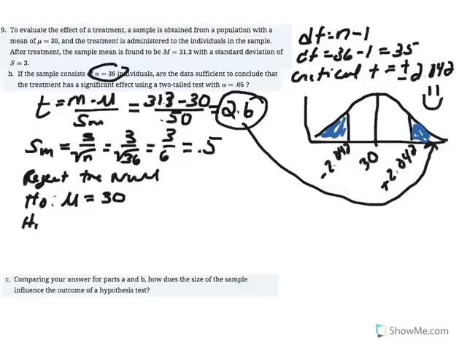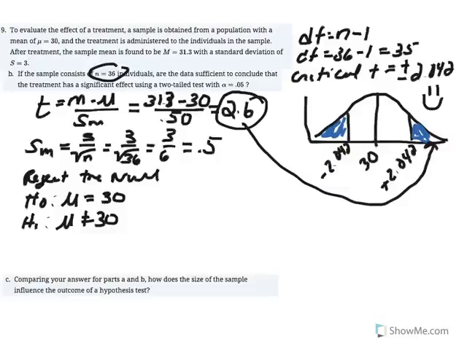The research hypothesis would state that the treated mu would not equal 30. Statistically speaking, we've concluded that based on a sample of 36, we've pushed our t-value well out into the critical region, enabling us to reject the null and support the idea that the treated population mean is not equal to the untreated population mean.